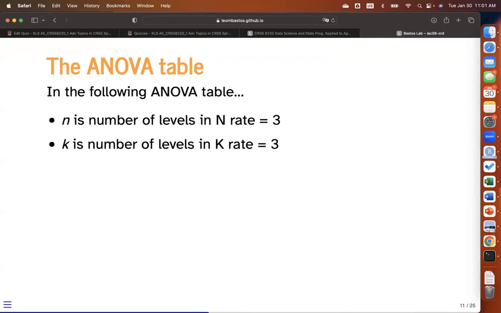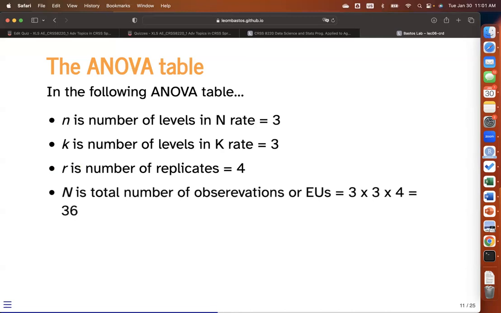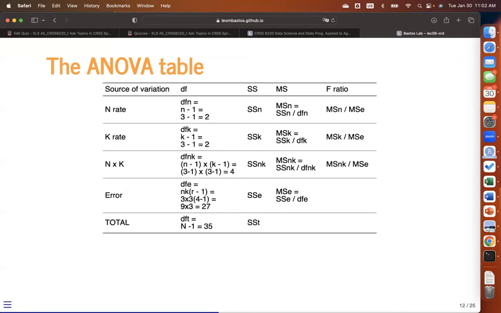Lowercase k is the number of levels in potassium rate, which in our case is also 3 levels. Lowercase r is the number of replicates, in our example 4 replicates. And uppercase N is the total number of observations or experimental units, which is basically our treatment: 3 n, 3 k, and 4 reps. So 36 experimental units.